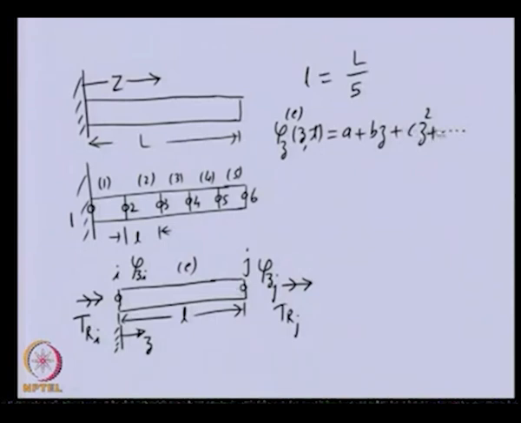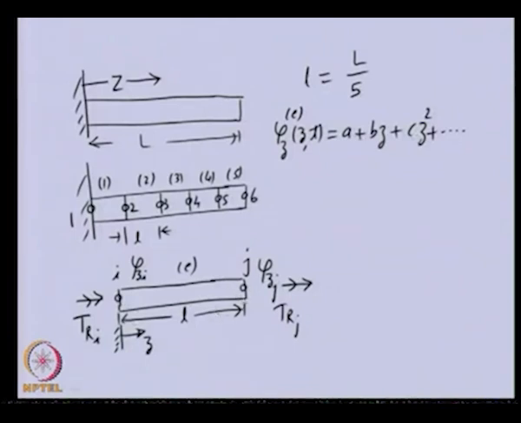We need to truncate this polynomial up to a certain degree. You can see that in this interpolation function some unknowns are appearing, and we will find these unknowns from the boundary conditions of the element, because this solution which we are assuming is for this element.